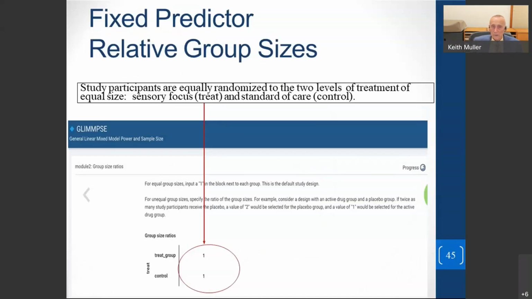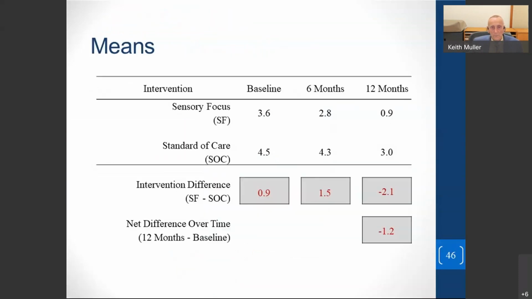We have to tell the software about our relative group sizes. It is possible that you want to do 2-to-1 randomization or 3-to-1, or perhaps you're powering a case control study in which, for various reasons, you don't want to use 1-to-1 recruitment. And so we allow you to do that quite easily.